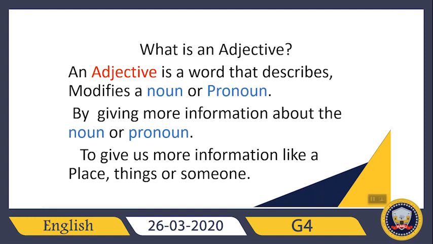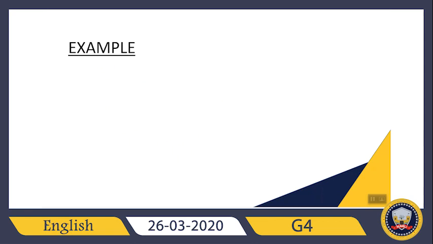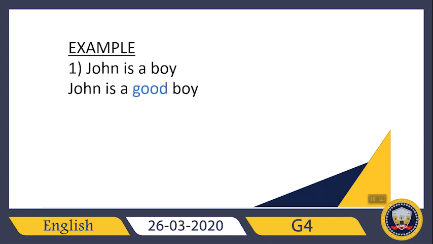For example: John is a boy. We all know John is a boy. It doesn't have any description. It doesn't have any adjective with it. And what if I should say, John is a good boy?